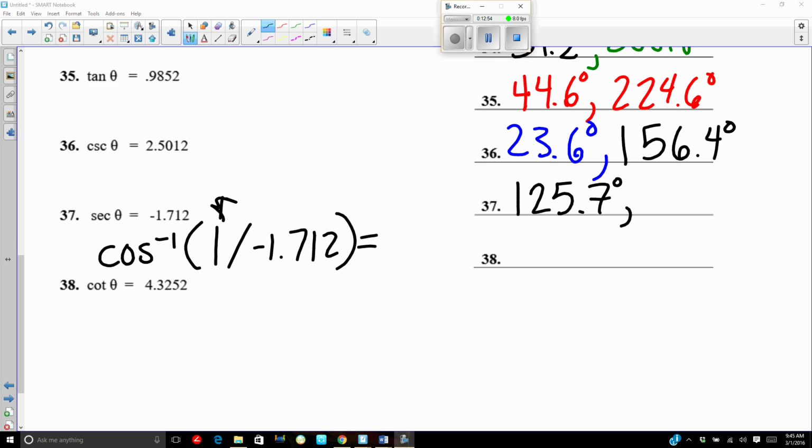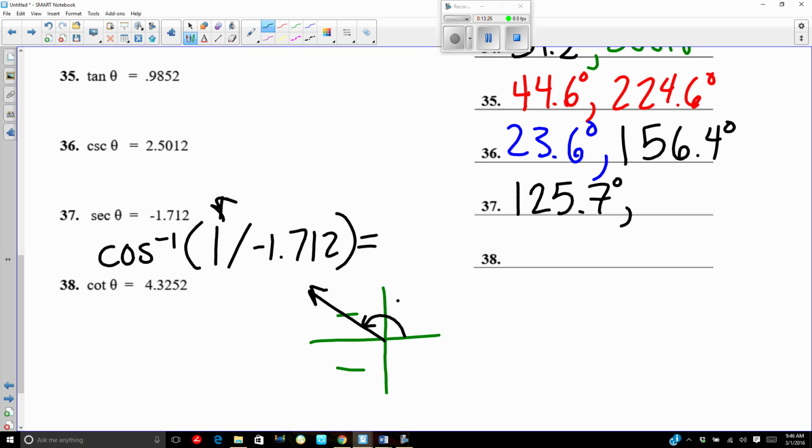So there's how you type number 37 in the calculator, and you get your first answer, 125.7. Again, cosine or secant in this example is negative, so your answers should be in quadrant number 2 and quadrant number 3. We've already found an answer in quadrant 2. We just now need an answer in quadrant 3. So let's do this one real quick. We've seen one exactly like this.